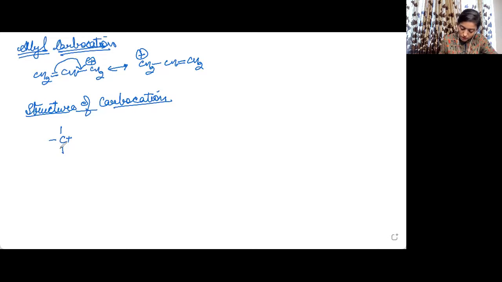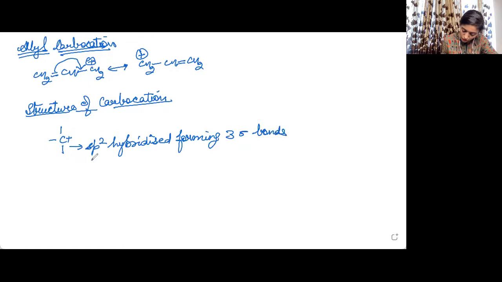Now this carbon atom which has the positive charge is sp2 hybridized, forming 3 sigma bonds with hydrogen atoms or alkyl groups.